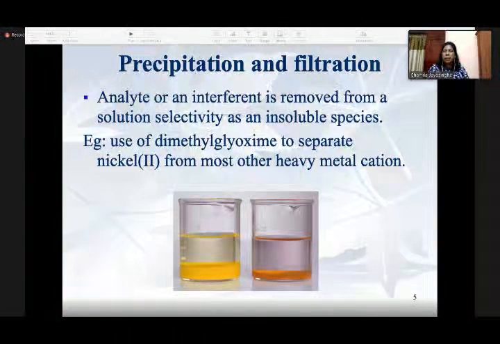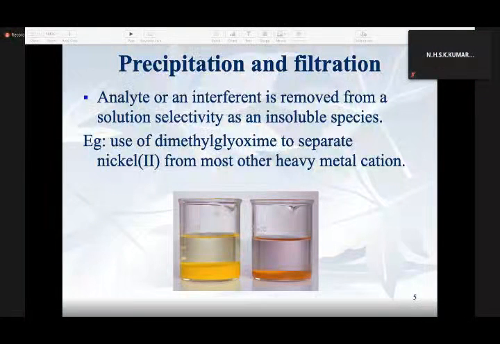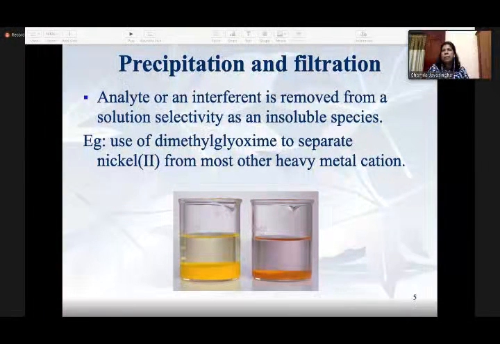Especially we use hexane because hexane is a very good non-polar solvent, and it's very selective for fat. Therefore, first we wash our sample using the hexane, remove the fat from the sample, and then we go for protein analysis.